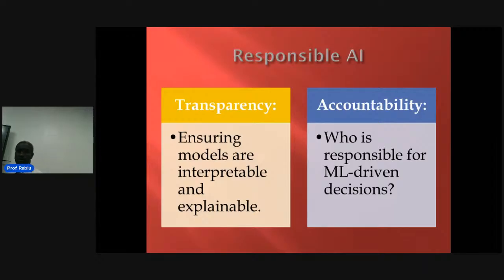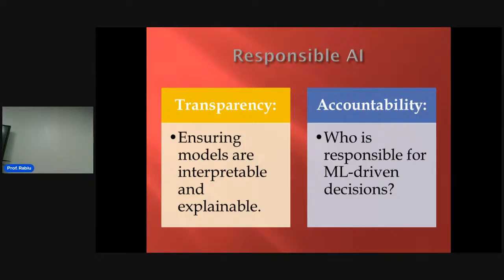Responsible AI: we have transparency and accountability. How can I be transparent knowing that somebody can steal my idea? There's model theft. Isn't it a double standard? I have to protect my model, right? But I also have to be transparent, telling people what I do.